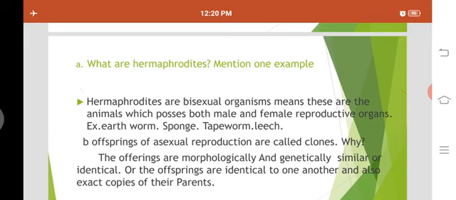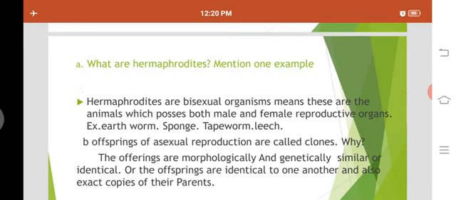The definition of the hermaphrodite, and below that one example. In the examination you write only one; if you write all of them it doesn't matter, but remember at least one. Understood? This is the first question, asked for 2 marks.